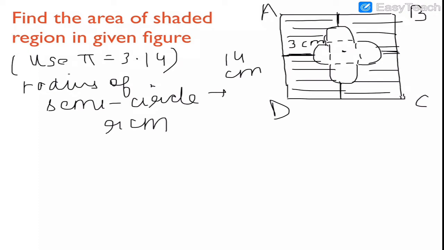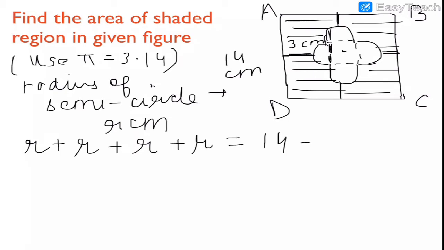Now we know r plus r plus r, which means this r, like this r and this r, then we have this r and this r. So this is equal to 14 minus 3 centimeter minus 3 centimeter.